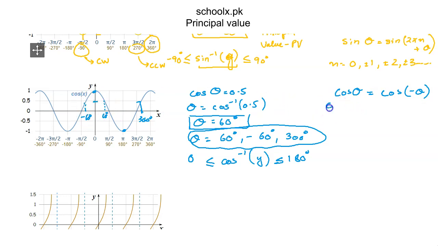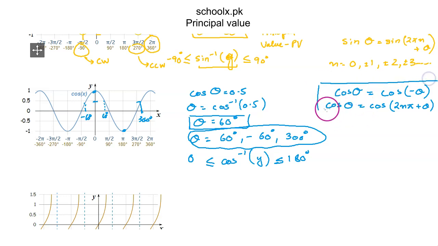And the other formula is cos of theta equals cos of one complete time period, 2n pi plus theta, because cos repeats itself after 2 pi or after 360 degrees. I've written this formula in terms of radians, where n is any integer.